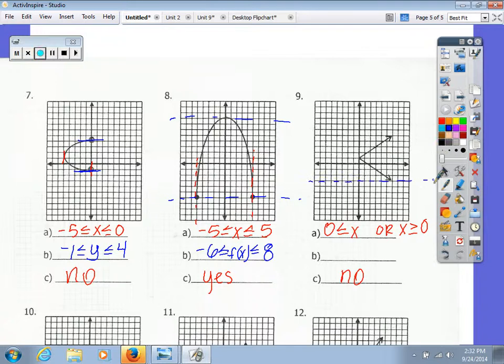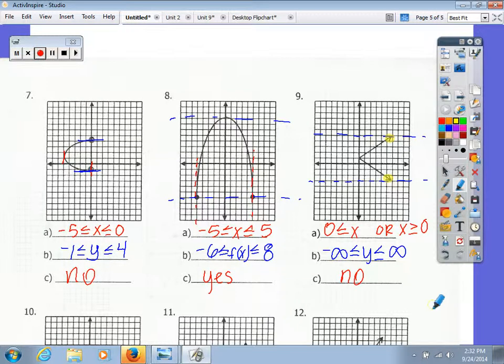When I start, if I do my pencil sideways, I'm going to see that I have negative infinity. Is that f of x or is that y? Negative infinity all the way to what? And why does it end at positive infinity? Because they have two arrows. So this arrow here and this arrow here tell me negative infinity to positive infinity.